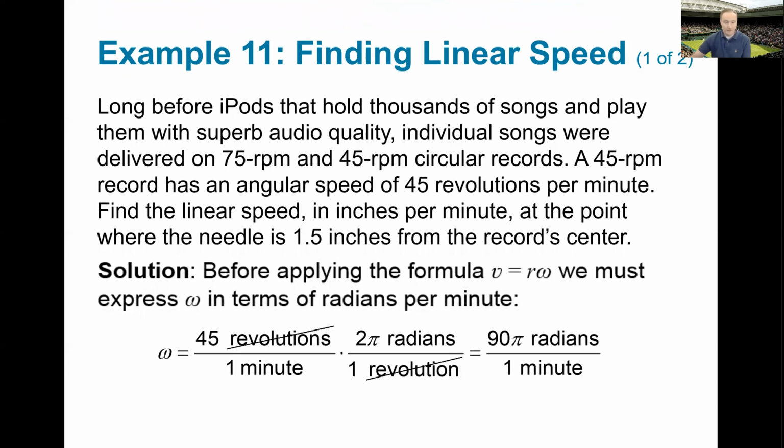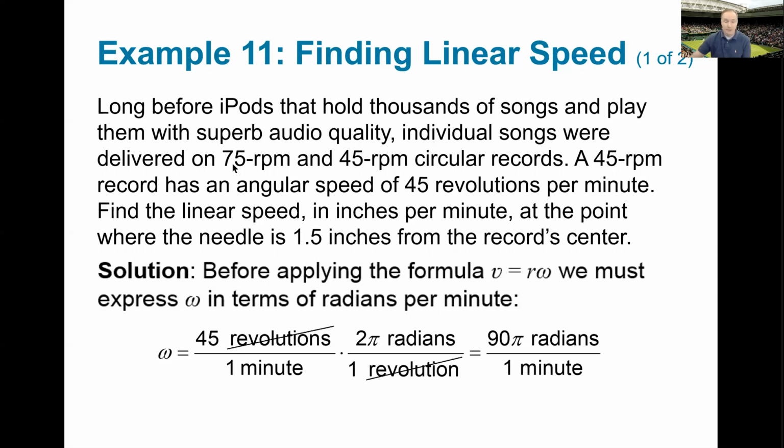Now, let's look at an example of this because it's not nearly as complicated as what a lot of students would think. Notice here, long before iPods that hold thousands of songs and play them with superb audio quality, although iPods have pretty much gone away now, it's all phones.